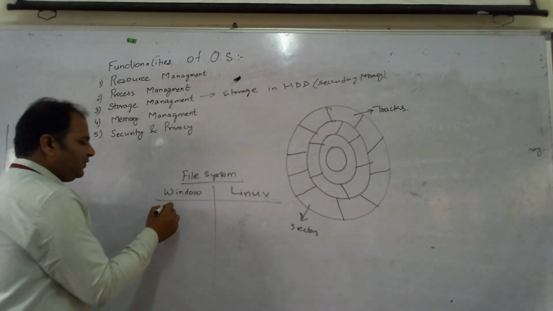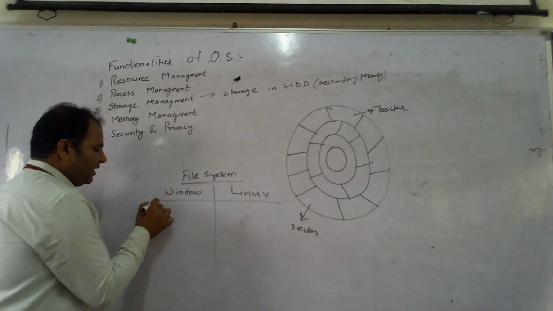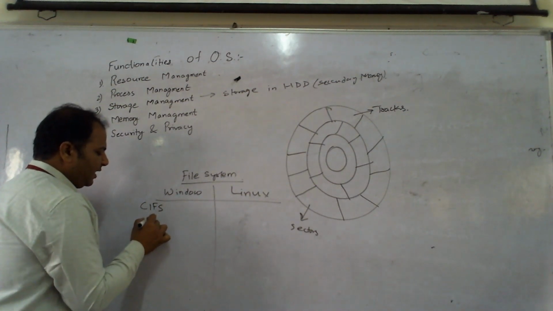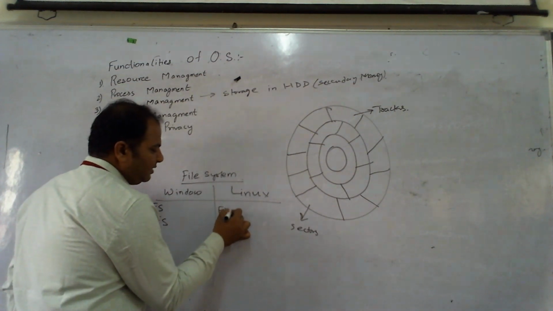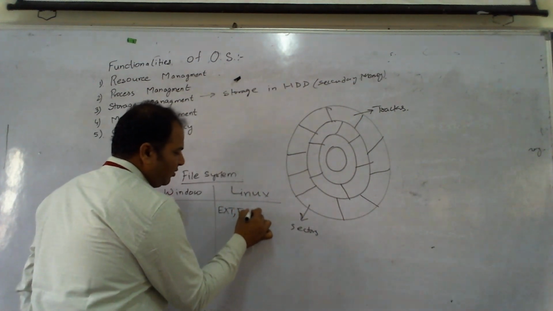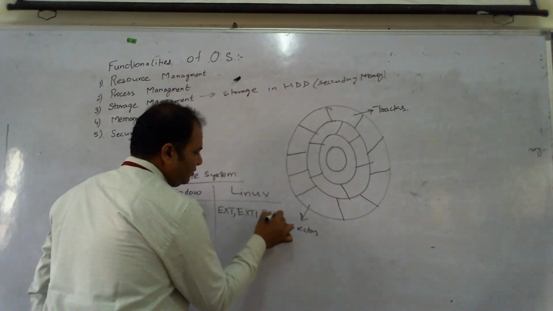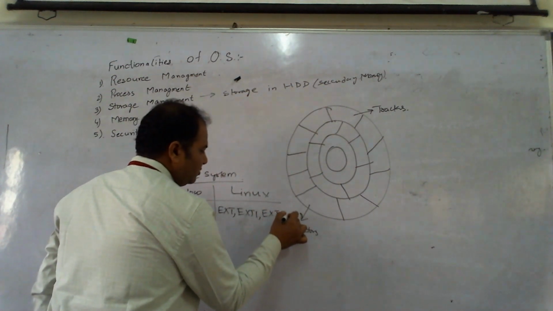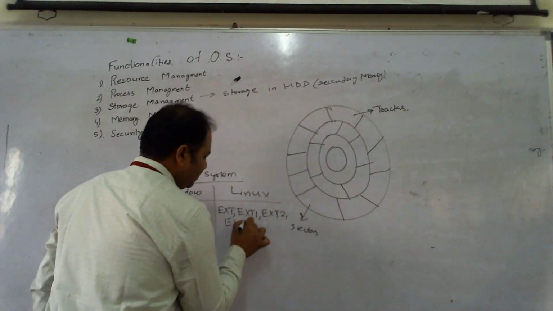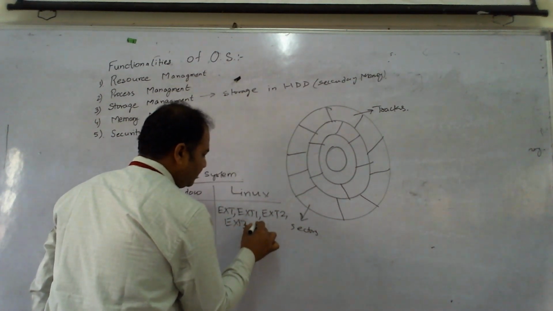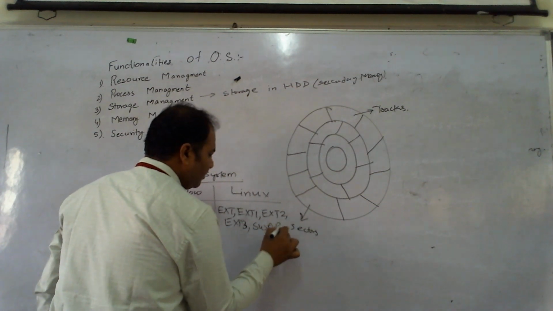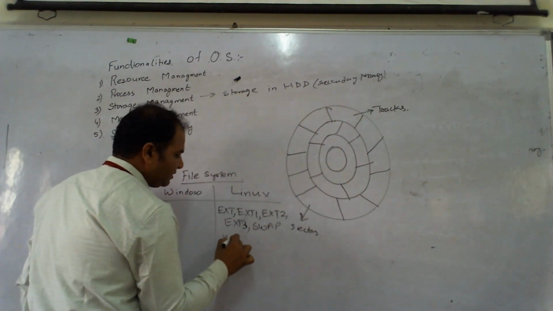In Windows we use CIFS, NFS. In Linux we use ext4, ext1, ext2, ext3, swap, XFS.